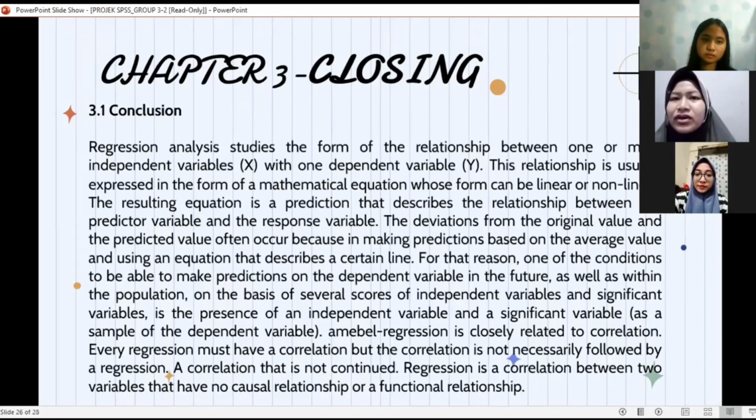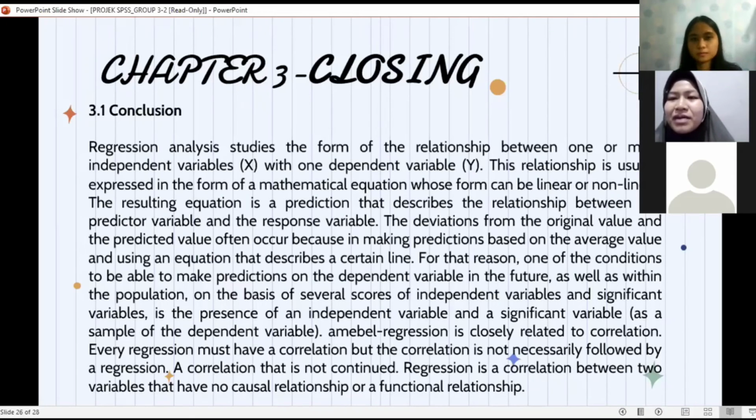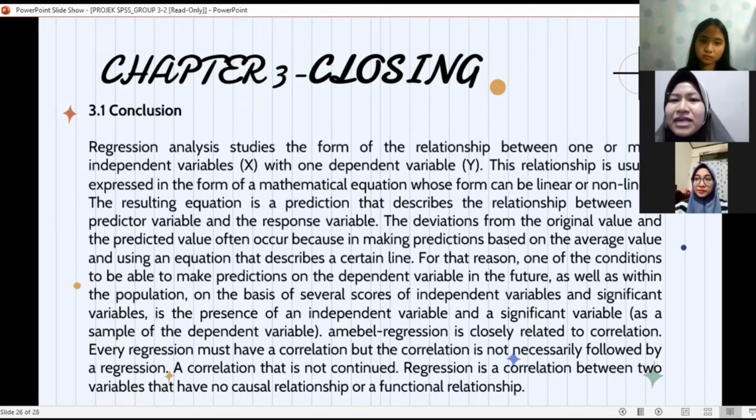So we can conclude that regression analysis studies the form of the relationship between one or more independent variables with one dependent variable. This relationship is usually expressed in the form of a mathematical equation whose form can be linear or non-linear. The resulting equation is a prediction that describes the relationship between the predictor variable and the response variable.